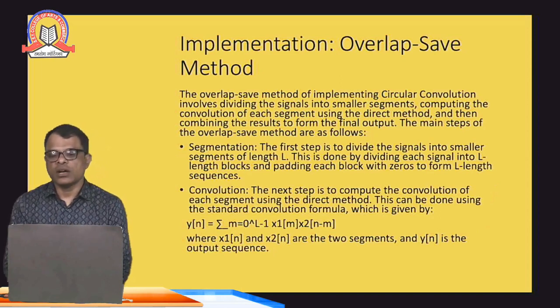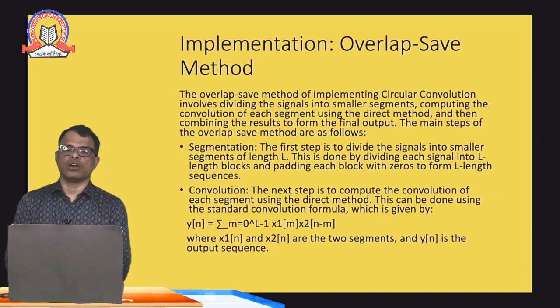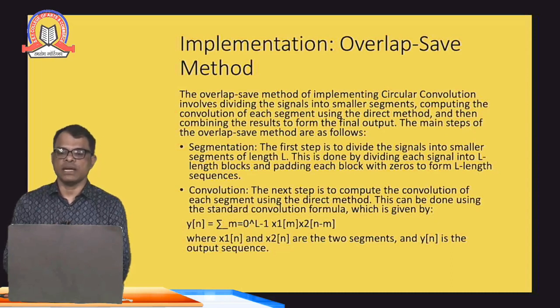Overlap save method of implementing circular convolution involves dividing the signal into smaller segments, computing the convolution of each segment using the direct method, and then combining the results to form the final output. The main steps of the overlap save method are as follows. First one is segmentation.